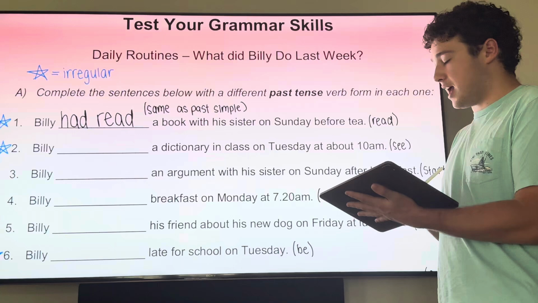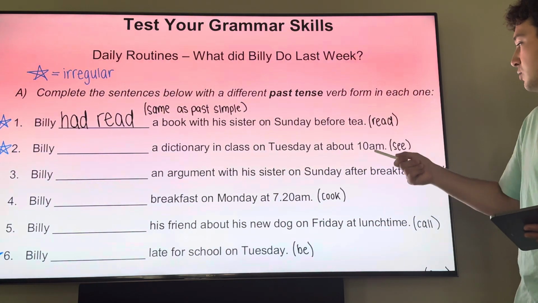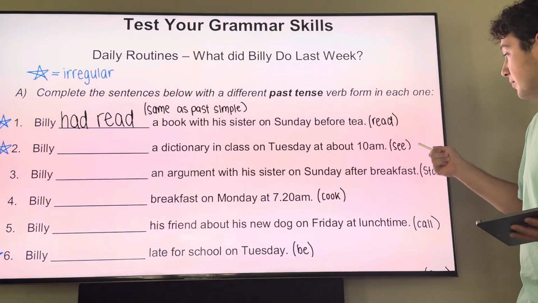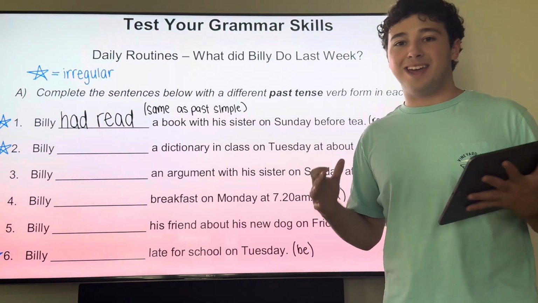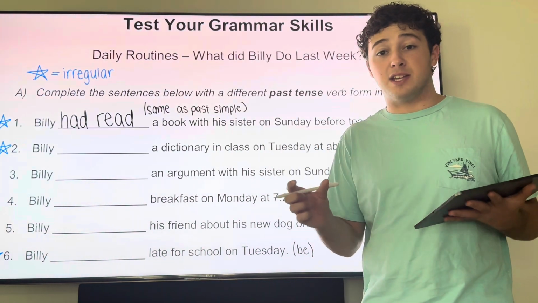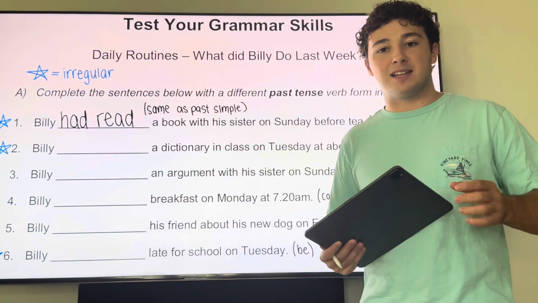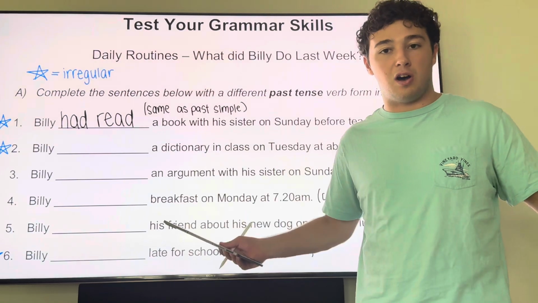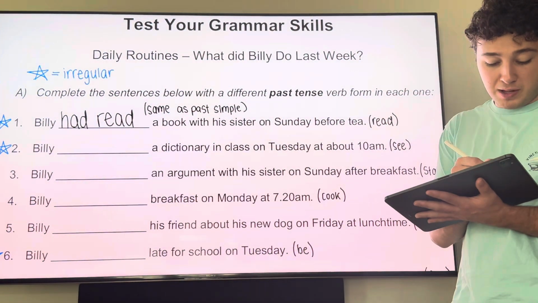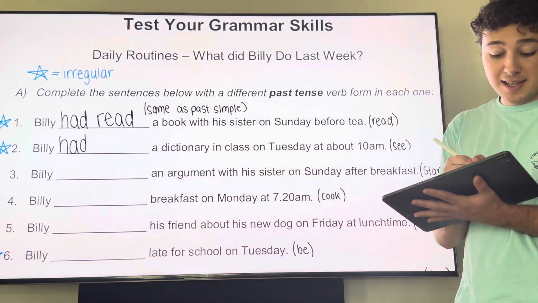Billy blank a dictionary in class on Tuesday. And the verb they give you is see. So this one is an irregular. And so this one changes, its past simple is saw. So the past simple would be Billy saw a dictionary. However, for here, the past perfect would be Billy had seen.